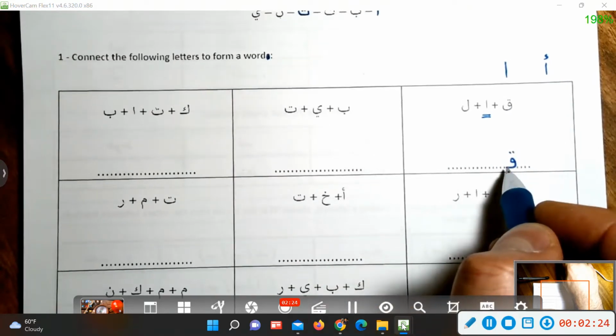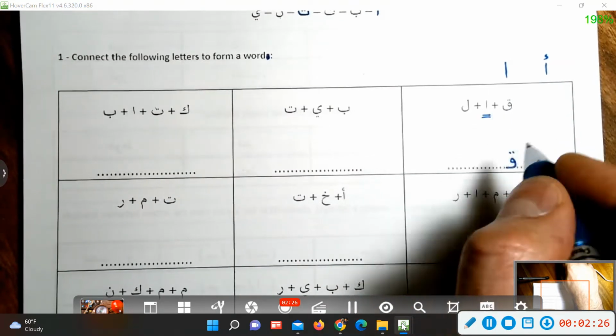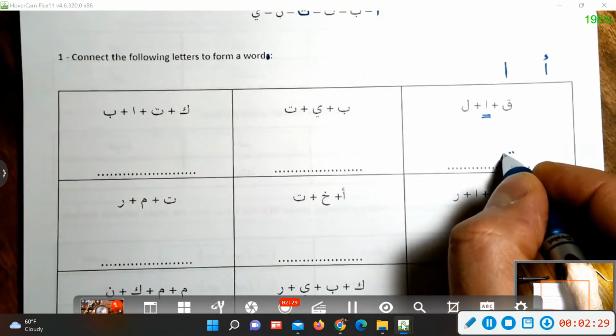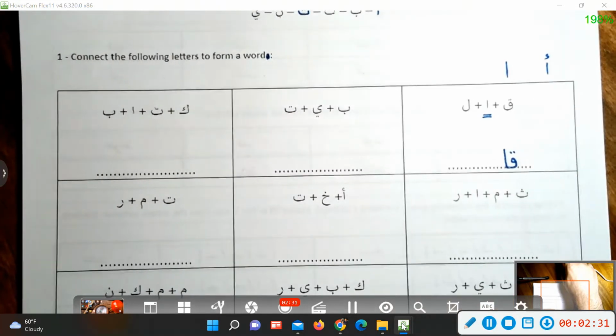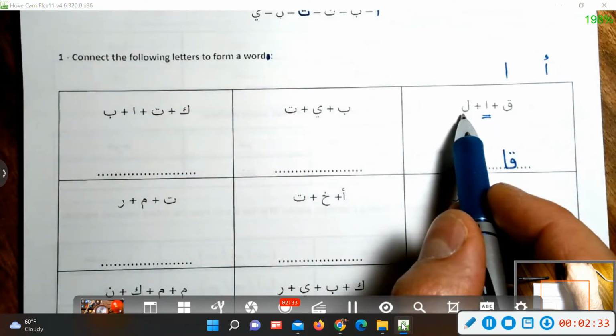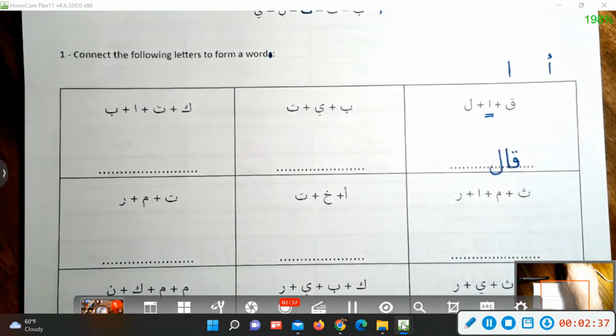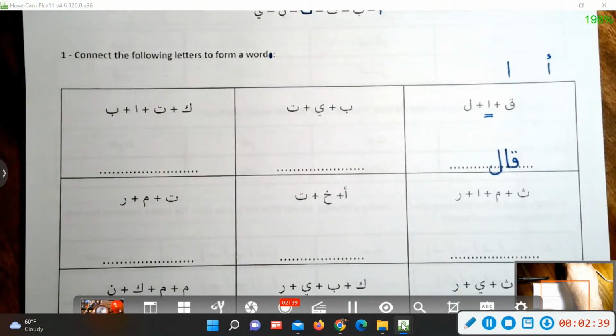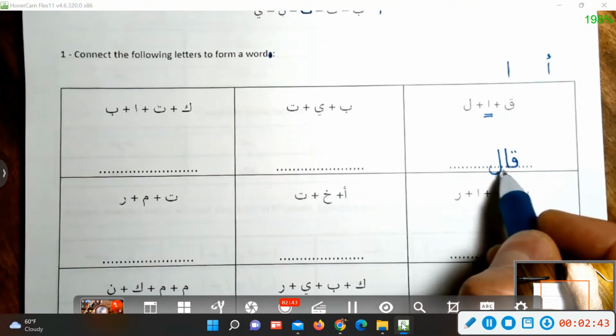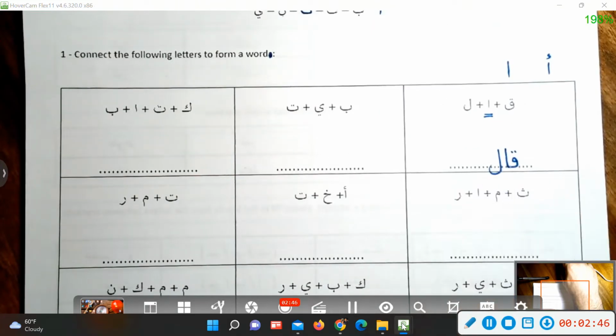Make it ready to connect to the next letter, which is alif al-mad. So this is alif al-mad, qa. And then we write the lam here, qala, or qal. Now notice the lam's tail goes under the line.